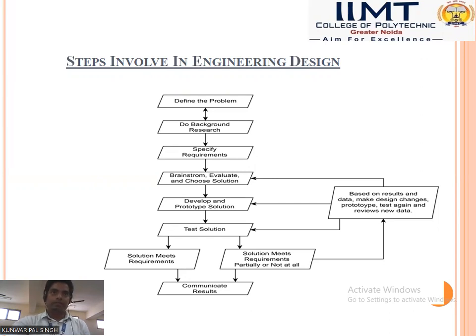Next, we develop and prototype the solution, and then test the solution. If the test solution meets the requirements, then we communicate the results. If the test solution doesn't meet the requirements, then we go back to brainstorm, evaluate and choose solutions, then develop and prototype the solution, and test the solution again, until we get a solution which meets the requirements.